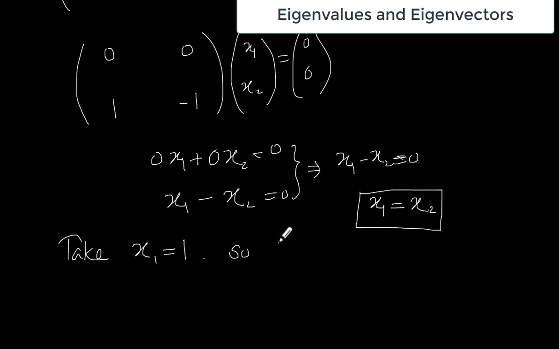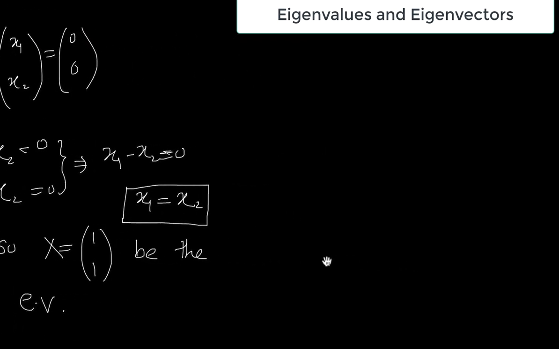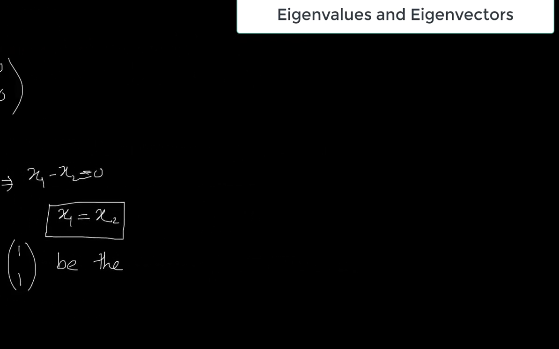So x2 will be 1 also. So this (1, 1) is the corresponding eigenvector. Similarly, we can find the eigenvector corresponding to lambda equal to 3, so let us see how we will do it.